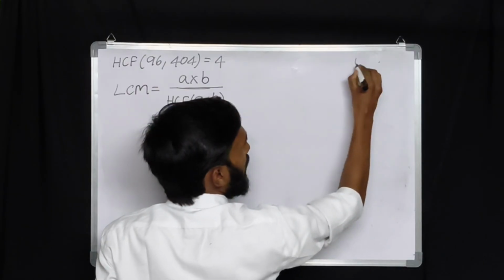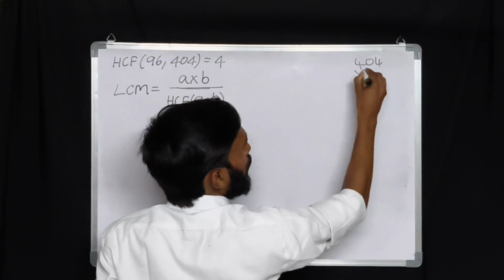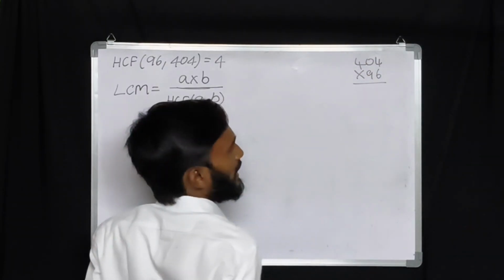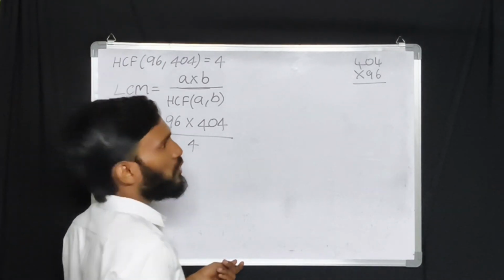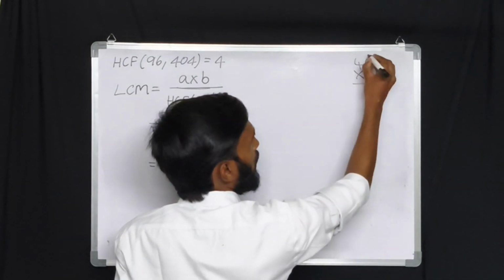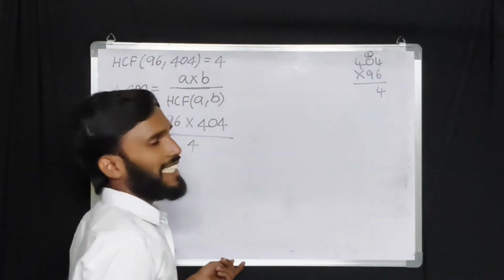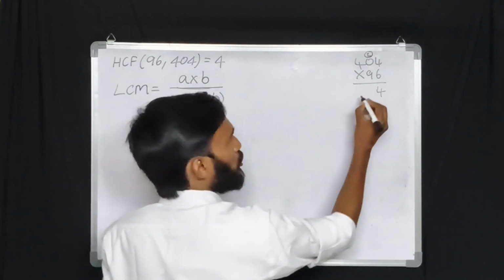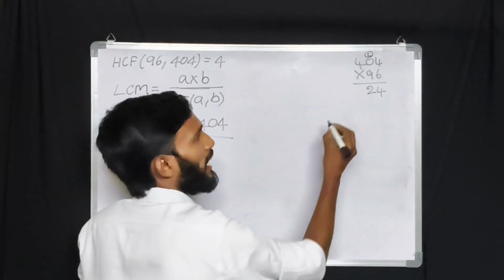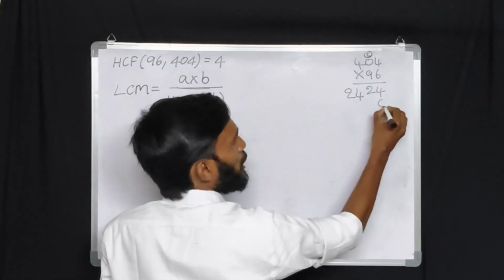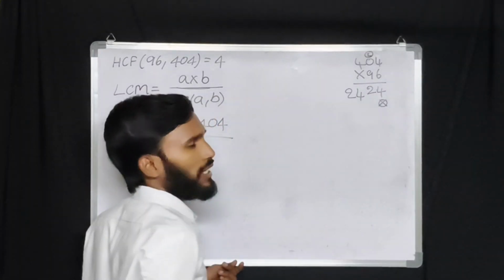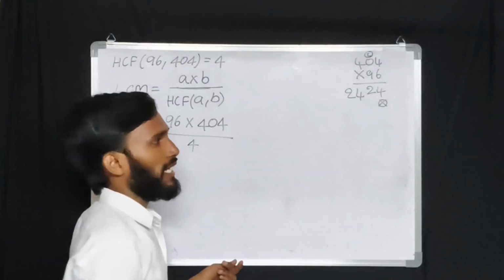Now multiply 96 and 404. What's the answer? 404 into 96. As you know, 6 4s are 24. Write 4 here, 2 carried. 6 zeros, 0. 0 plus 2, 2. 6 4s are again 24. Now the 1's place is completed. Now comes the 10's place. 9 4s are 36.